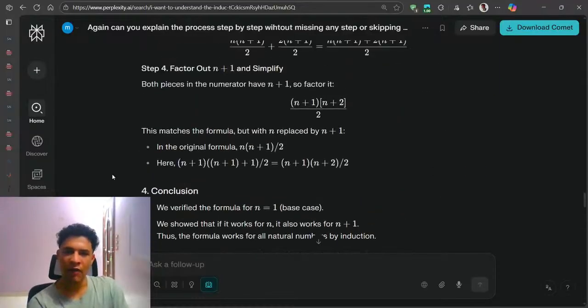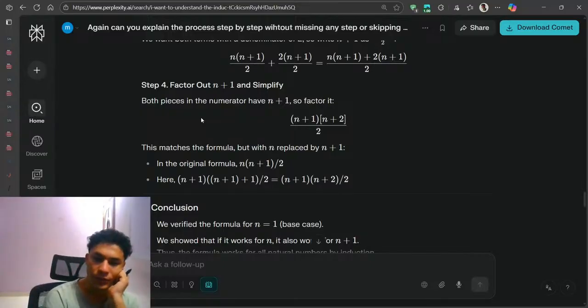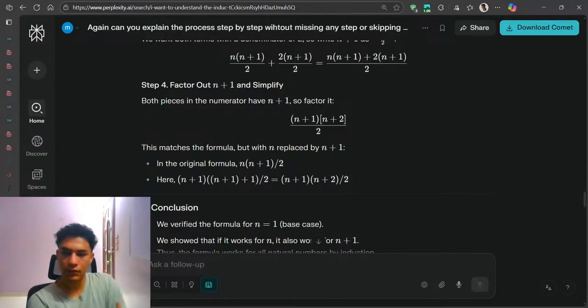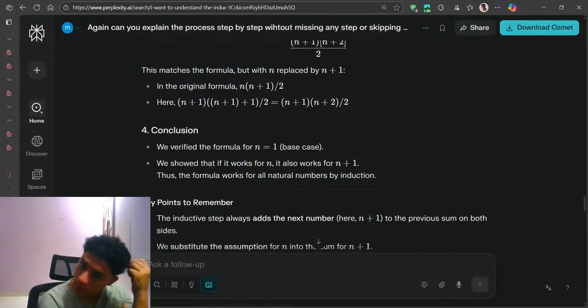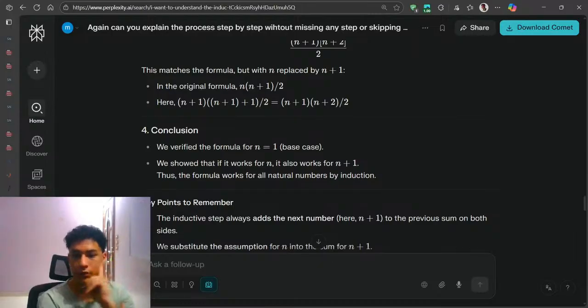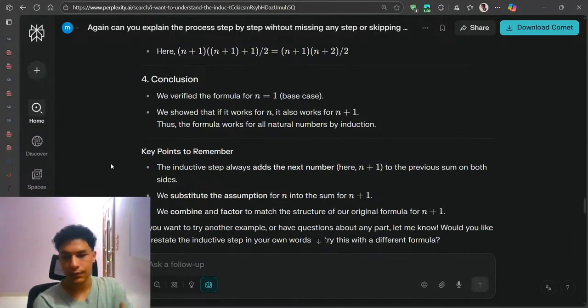Okay, so we start by switching the formula, but the n is replaced. Here's the conclusion. We can verify it for the formula with n equals 1, the base case. We showed that if this works for n, it also works for n plus 1. The formula works for all natural numbers by induction.